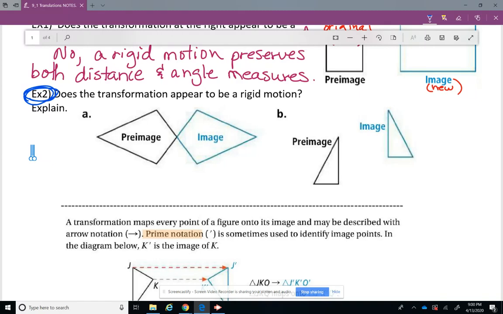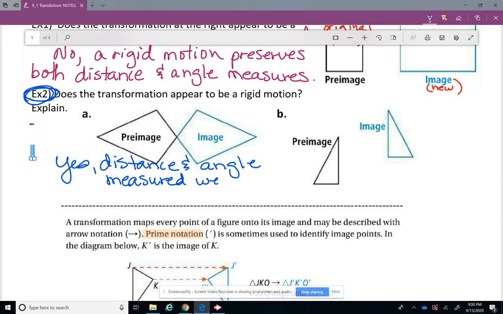No. Have the angle measures in the image changed? No. So, does the transformation appear to be a rigid motion? Yes. We'll say distance and angle measures were preserved, meaning they didn't change. The position is what changed.